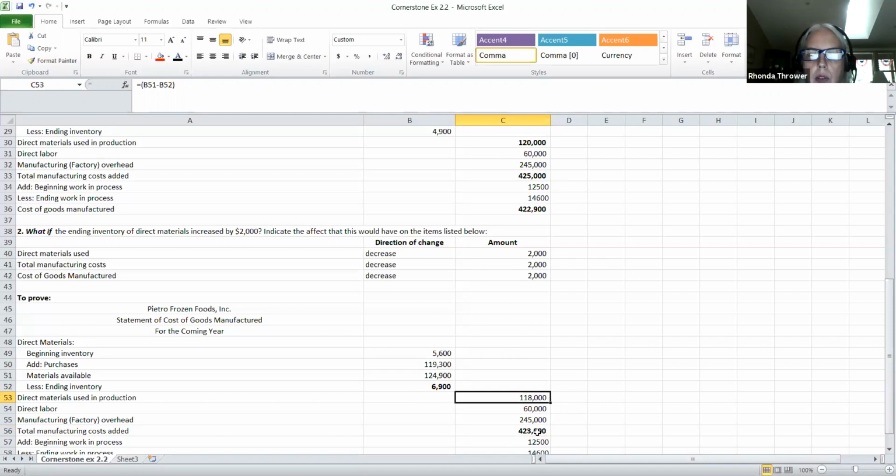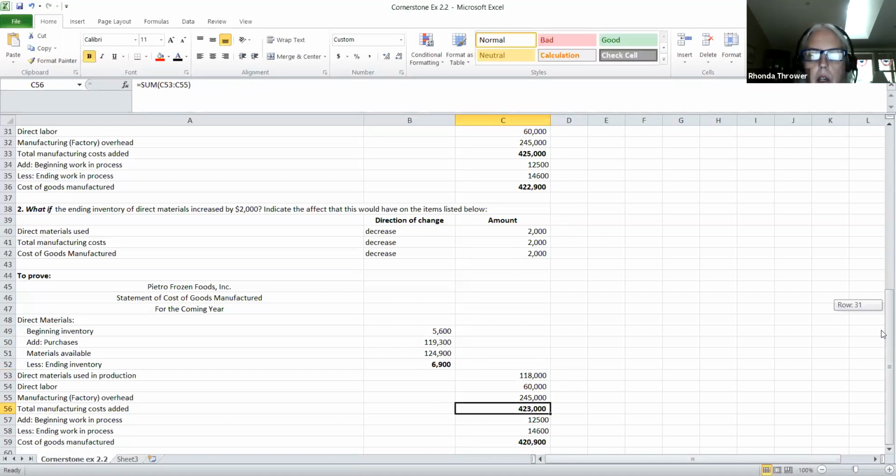It will decrease the total manufacturing cost, and if the total manufacturing cost decreases, it will also affect the cost of goods manufactured by making it decrease also. It went down from $422,900 to $420,900. So this is the what if analysis to prove it.